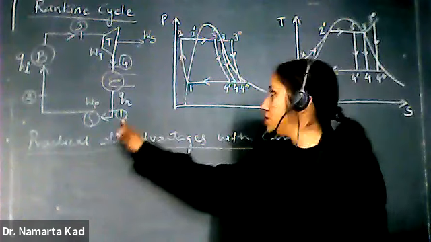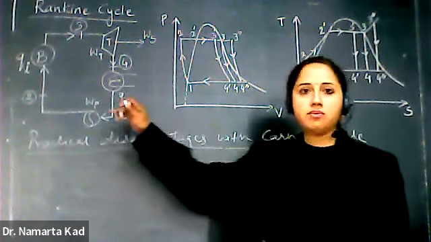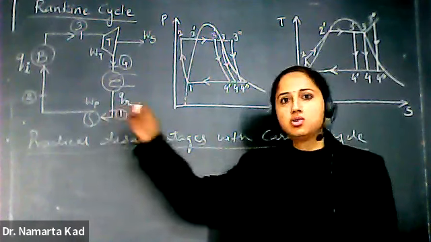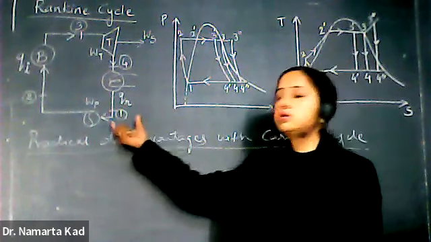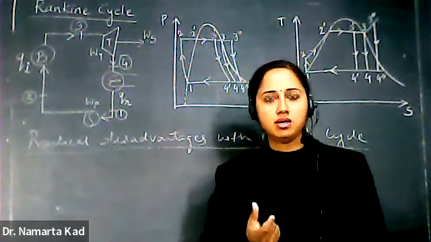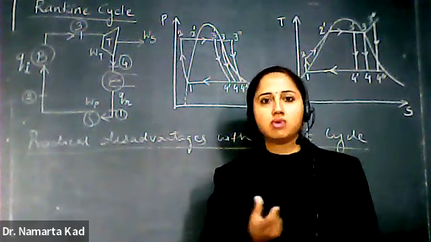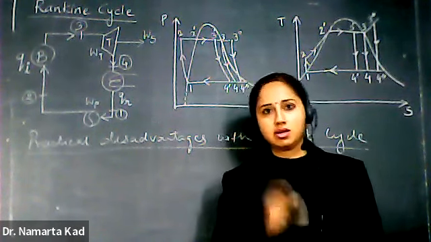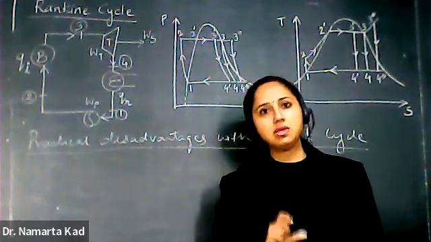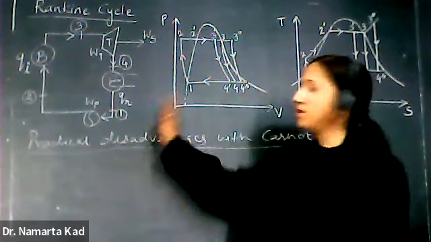The condensate that we get from the condenser is not of that quality, and achieving the exact quality of steam is very difficult in the Carnot cycle, but it can be easily achieved in the Rankine cycle.